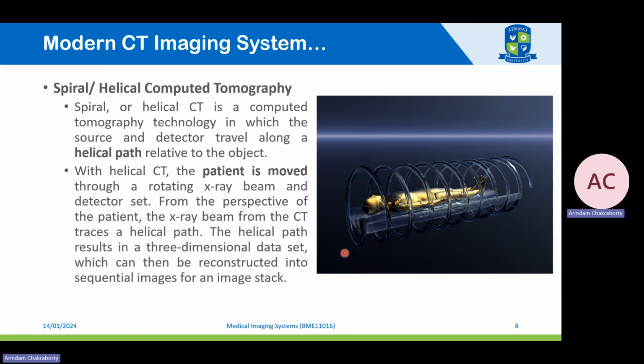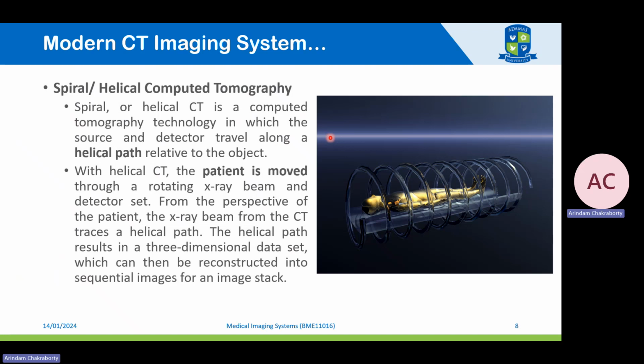In simpler words, a spiral or helical computed tomography is where the source and the detector travel along a helical path relative to the object. If I consider this is where the source and this is where the detector lies, this source and detector essentially travel across a helical path relative to the patient.